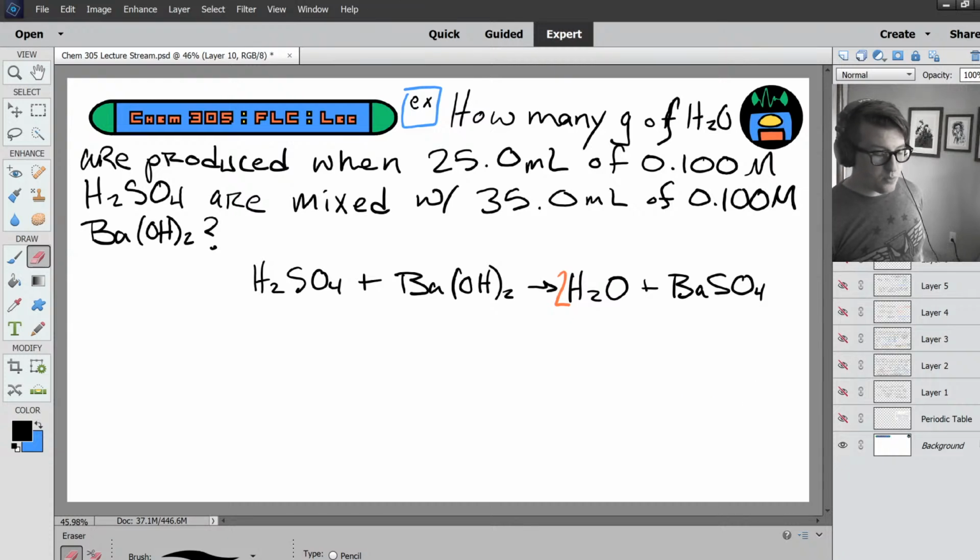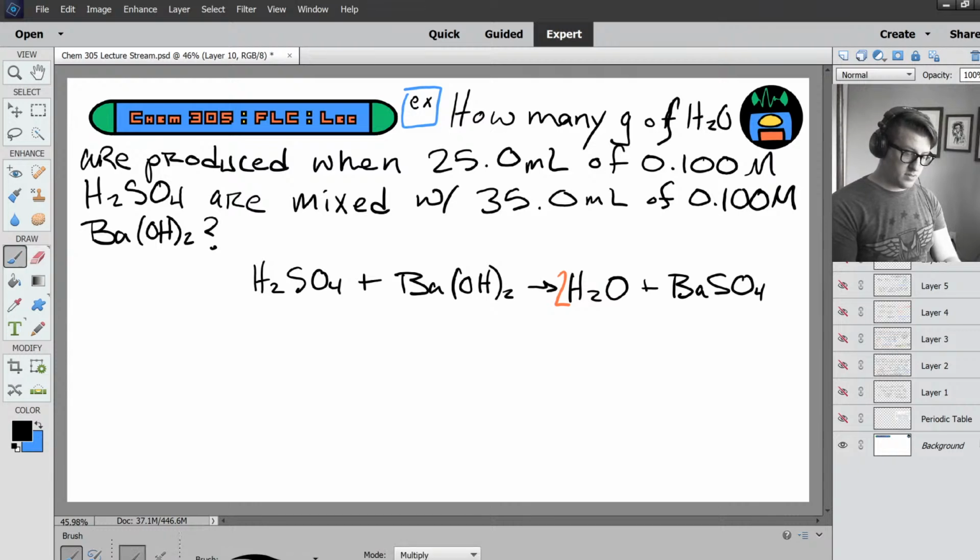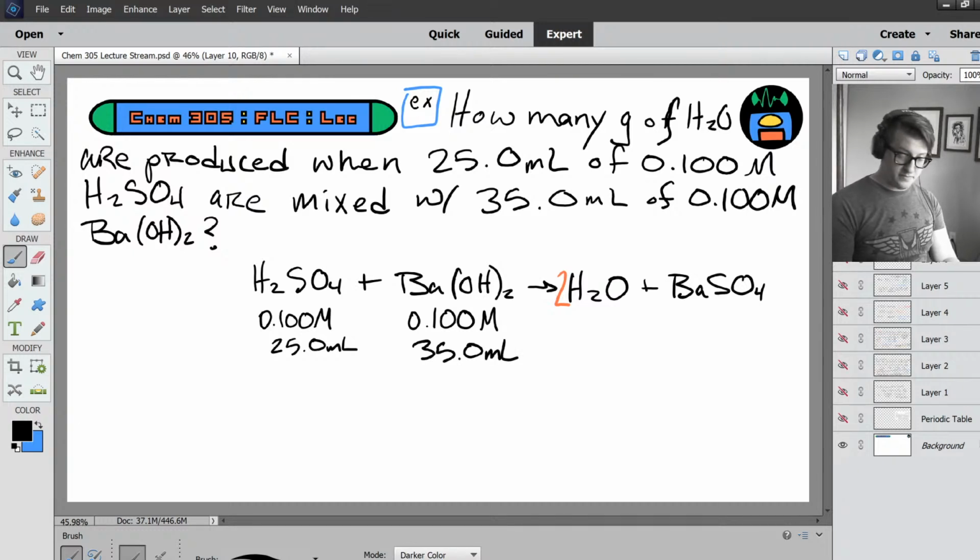All right, now what we've been given here, we've been told that we're mixing a 0.100 molar solution of sulfuric acid with a 0.100 molar solution of barium hydroxide, and that we have 25.0 mils of sulfuric acid and 35.0 mils of barium hydroxide.